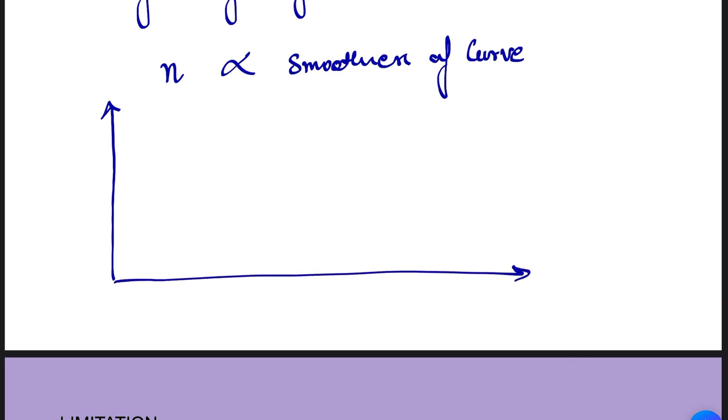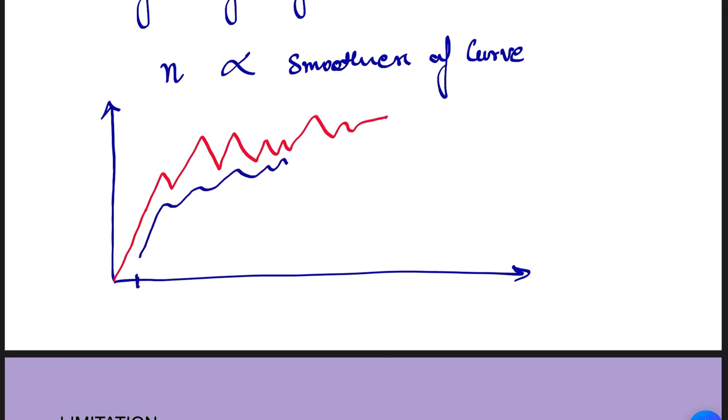For example, if we have a demand like this, it started from here, then it goes something like this. If we take the value of n equal to 3, we can start from something over here, and it is going to react in the same manner because it takes an average.